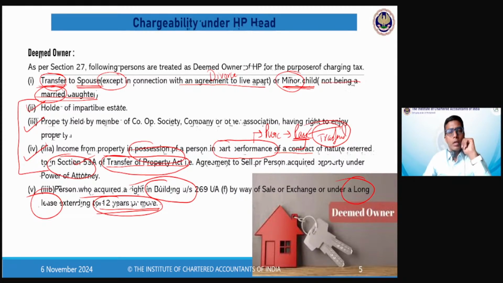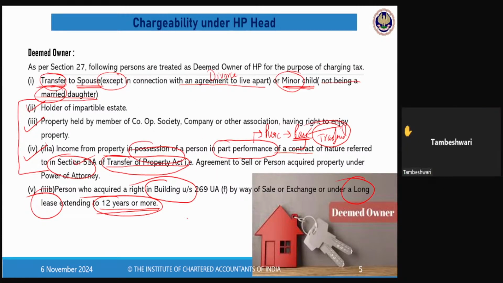So wherever the lease period is 12 years or more, the law, at least for the purpose of tax, will assume that you are the owner of that building. So these are the scenarios where you are not the registered owner, the property is not in your name, but the law presumes that you are the owner. That is why it is called the deemed owner, right?